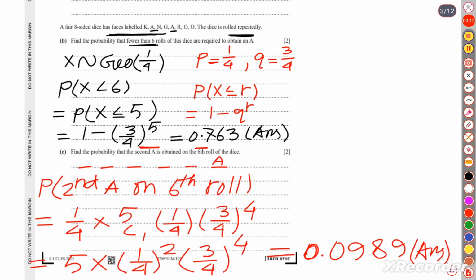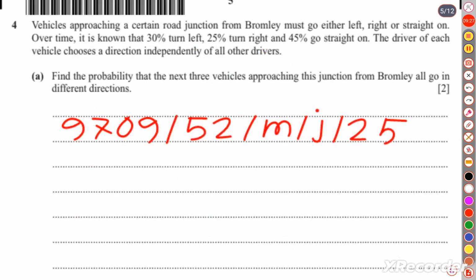I think you got the clarification of geometric distribution. Let's solve the next question from paper 52, question number 4. The next question has been selected from paper 9709/52 for the session May/June 25, and it says: vehicles approaching a certain road junction from Bromley must go either left, right, or straight on.